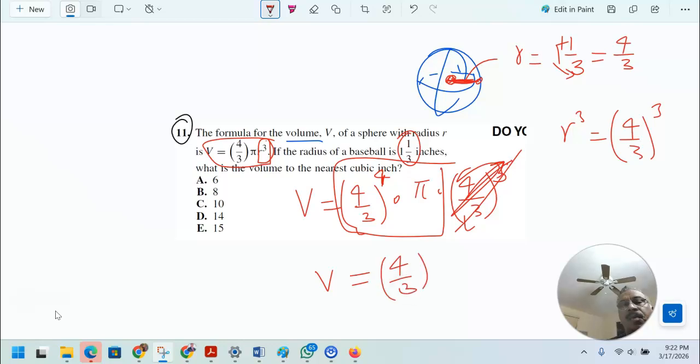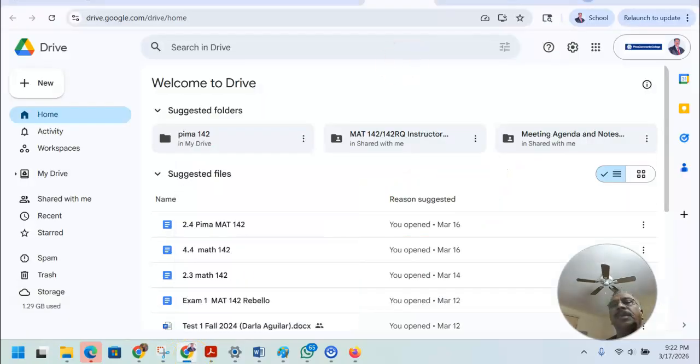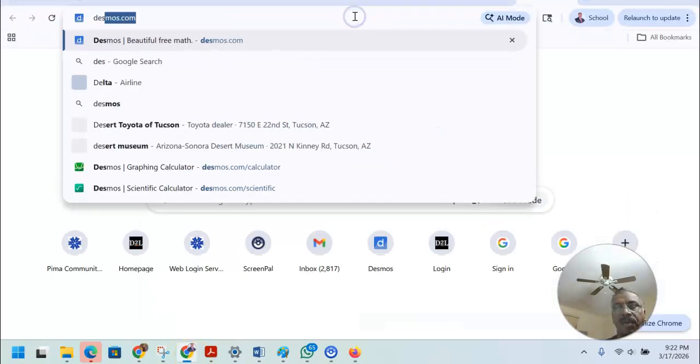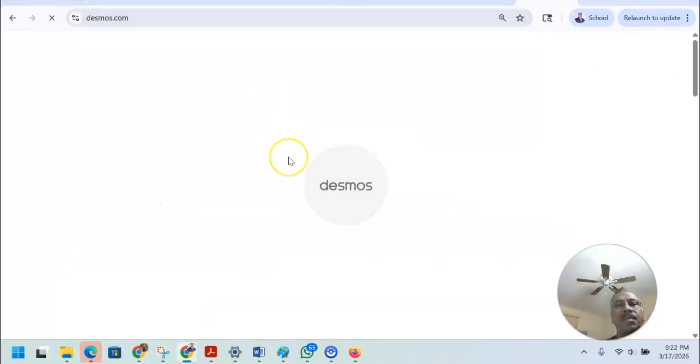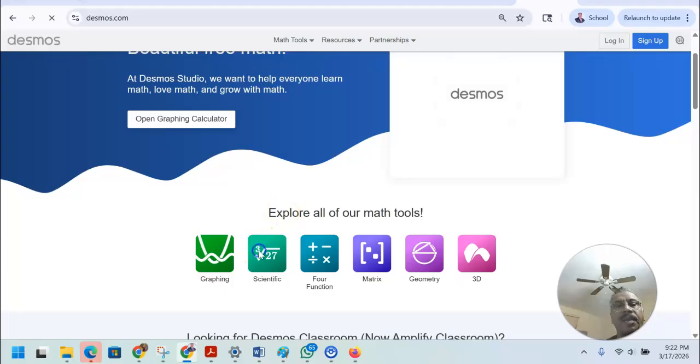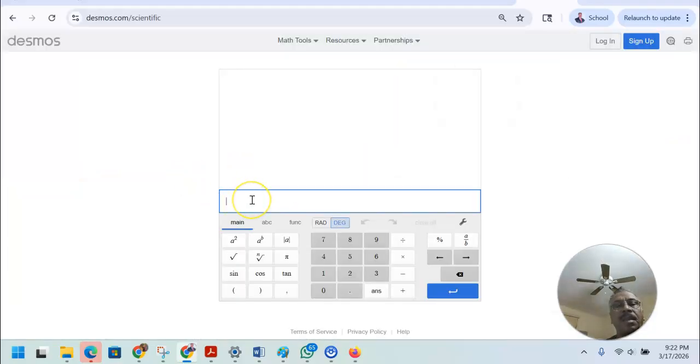raised to the power of 4, times pi. Now you will have to use a calculator for this. I'm going to use my calculator here. You will be given a built-in scientific calculator for this. So you have 4/3, right?